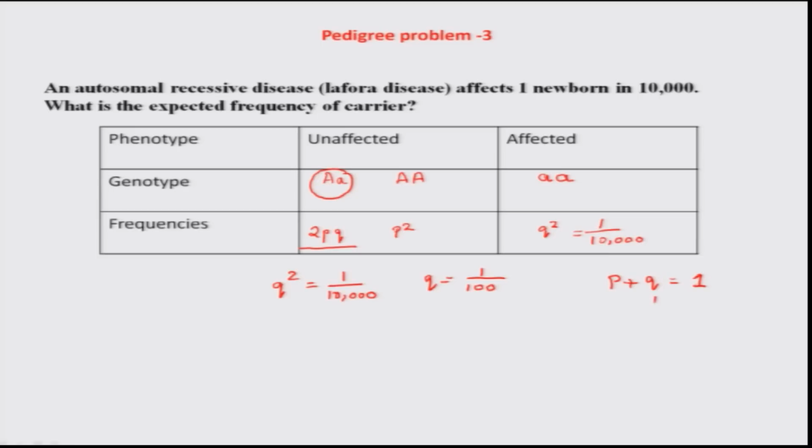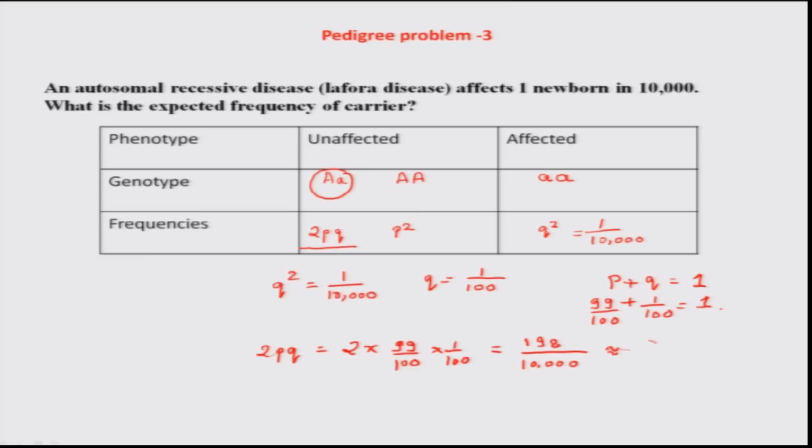So, if q is 1 by 100, then p would be 99 by 100 to make it 1. Now, we need to calculate 2pq. So, 2 into 99 by 100 into 1 by 100. Now, if you multiply, this would come to around 198 upon 10,000.